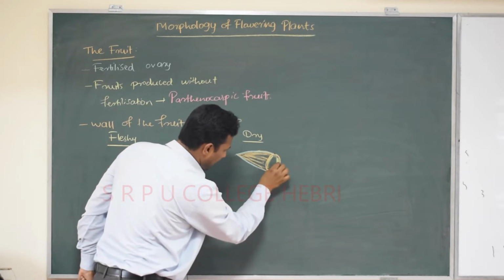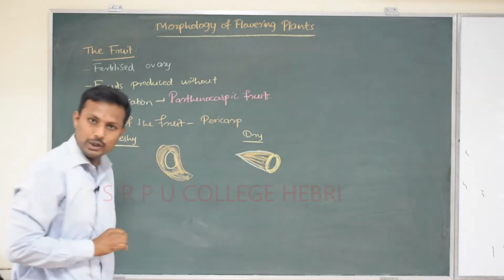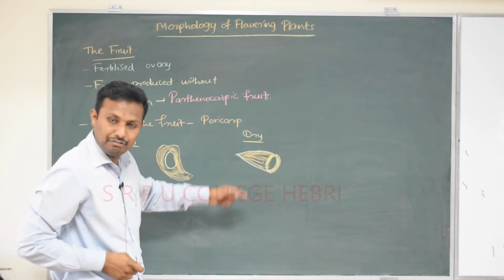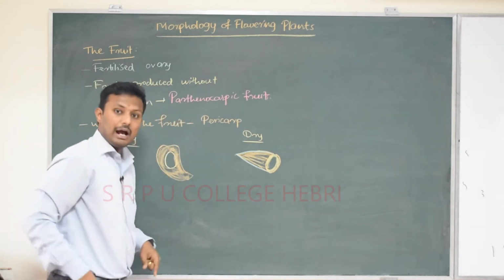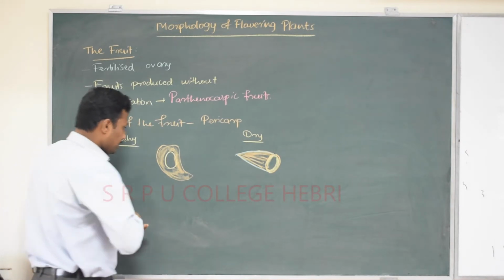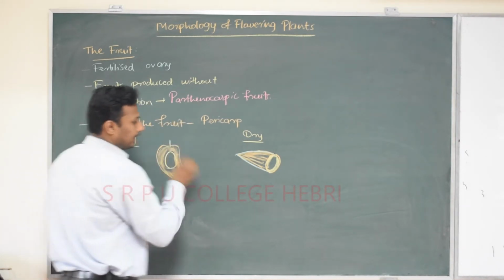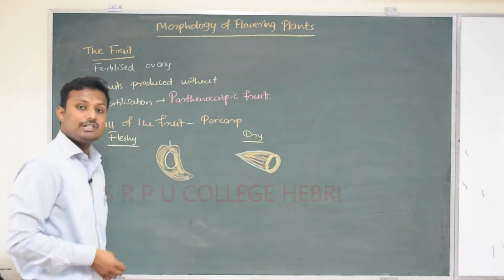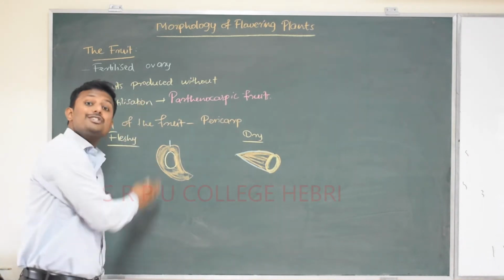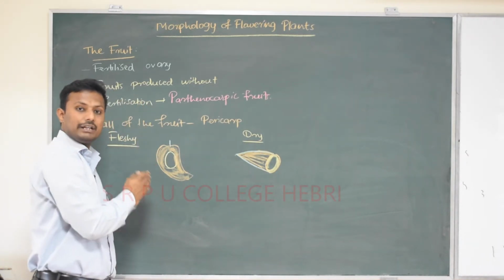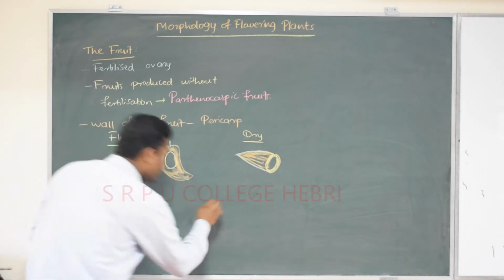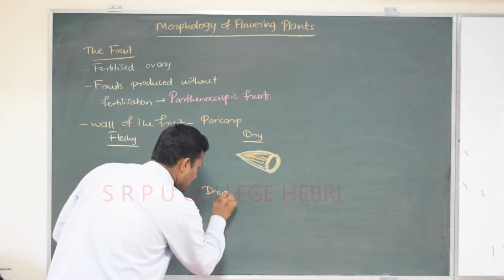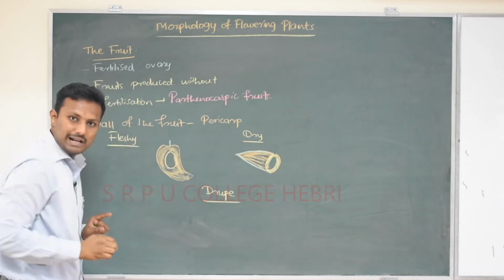Have you noticed this in the coconut? So this is a kind of dry fruit, and this one is a kind of fleshy fruit. And in both cases, you can actually divide the entire fruit into 3 distinct parts, and such a fruit where we can distinctly classify 3 distinct parts, they are called as drupe.